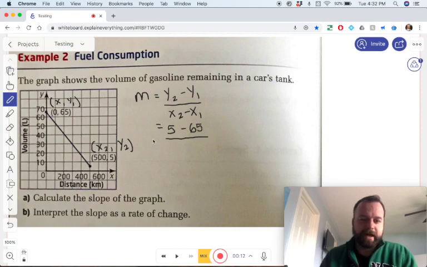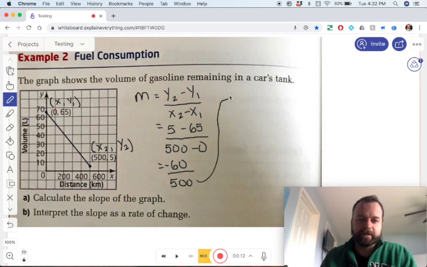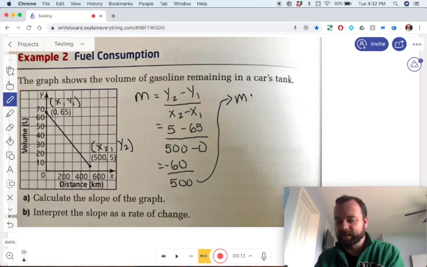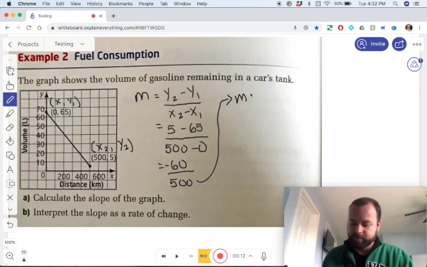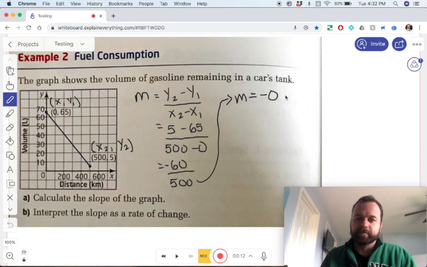So I've got 5 minus 65 divided by 500 minus 0, or negative 60 over 500. Again, work that out on your calculator. My slope ends up being negative 60 divided by 500, or negative 0.12.